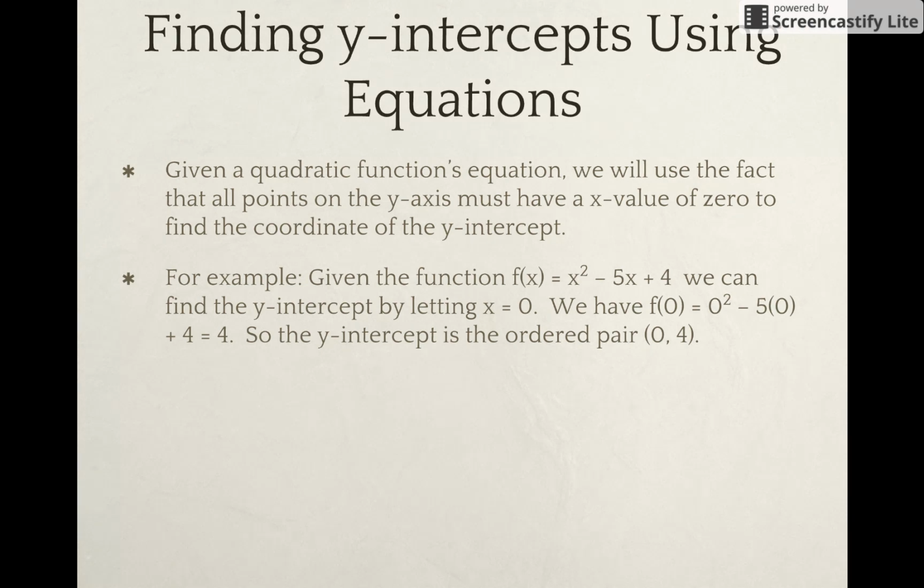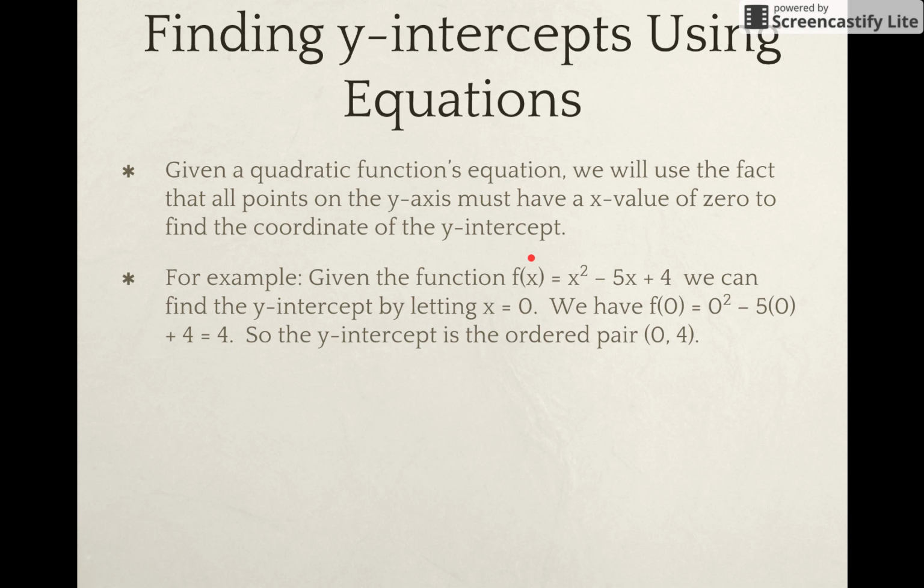To find the y-intercept using equations, we will let the x value be 0. This results in a bit of a simpler calculation than finding the x-intercepts. Consider the function f(x) = x² − 5x + 4. Letting x equal 0, we find f(0) to equal 0² − 5·0 + 4, which is 4.